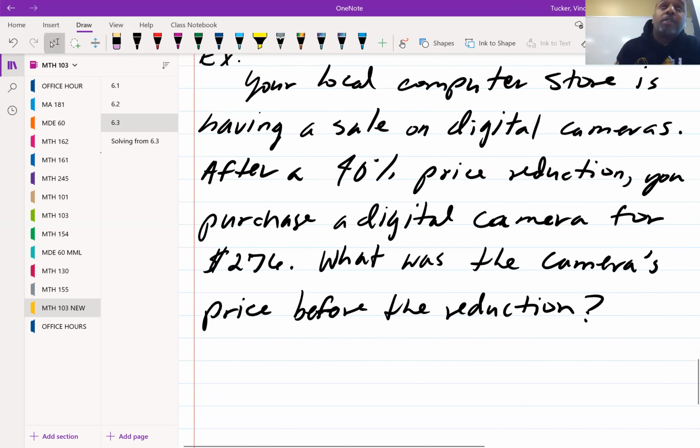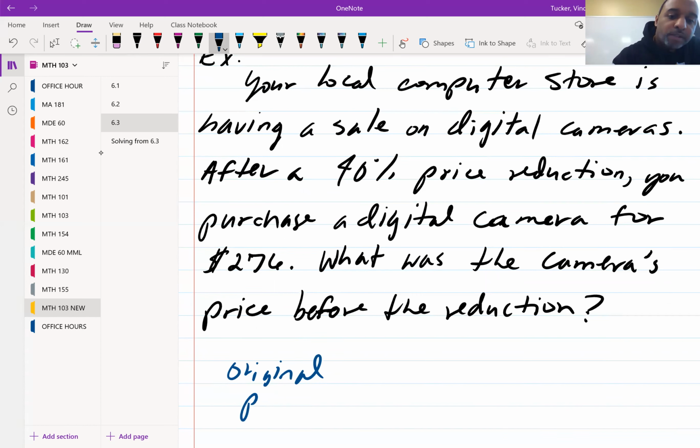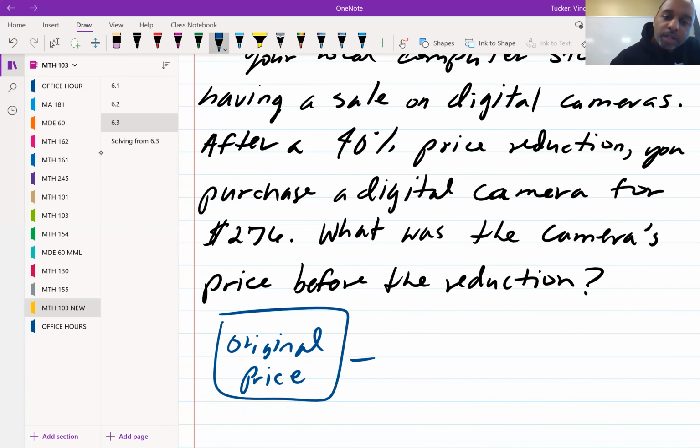So we can set this one up a little different because we already know how this equation is going to be set up for us. There are three pieces to this if you think about it, right? So we have the original price. And then we're going to minus the price reduction.